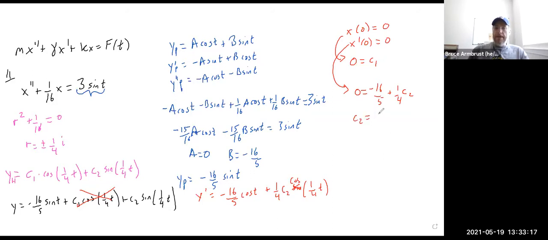So that makes C2, if I calculated this correctly in my head, 64/5. We'll just replace that with the 64/5, and there is the equation that is going to give us the position of the mass at any time.